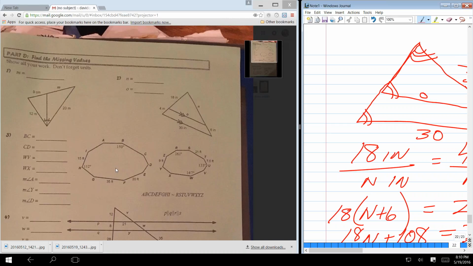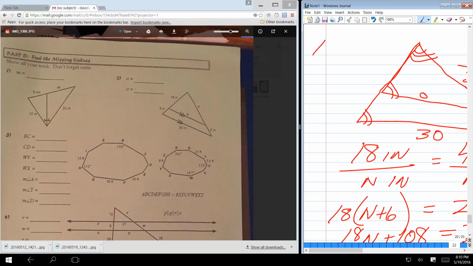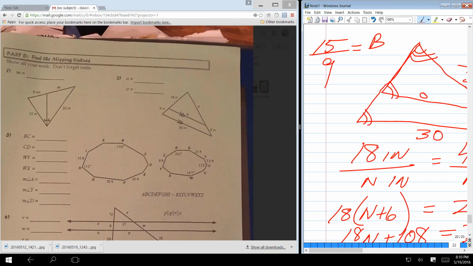Okay. And now in order to find these segment lengths, we have to find a corresponding side. Well, the corresponding sides that we have both of are 15 and 9. So all my calculations are going to be based on that ratio. 15 is to 9 as BC is to what?